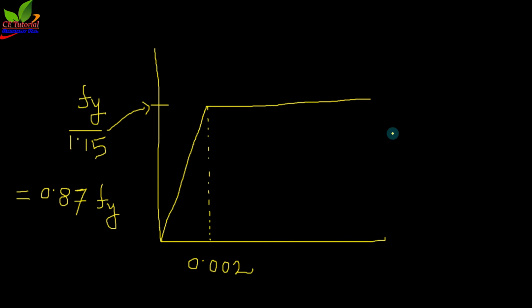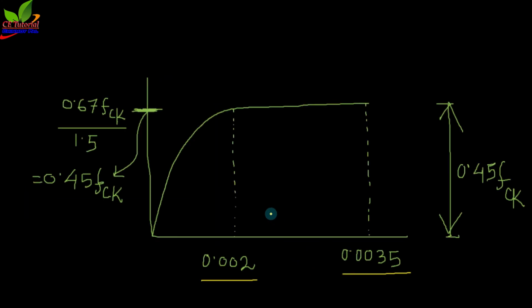No, because actually this line is very long. This line is very long because this is a ductile material. So due to the ductility property of this steel, this line is very long, and you can see there is no other limiting strain value for steel. Okay, now I think you can understand the stress strain curve of concrete and steel.